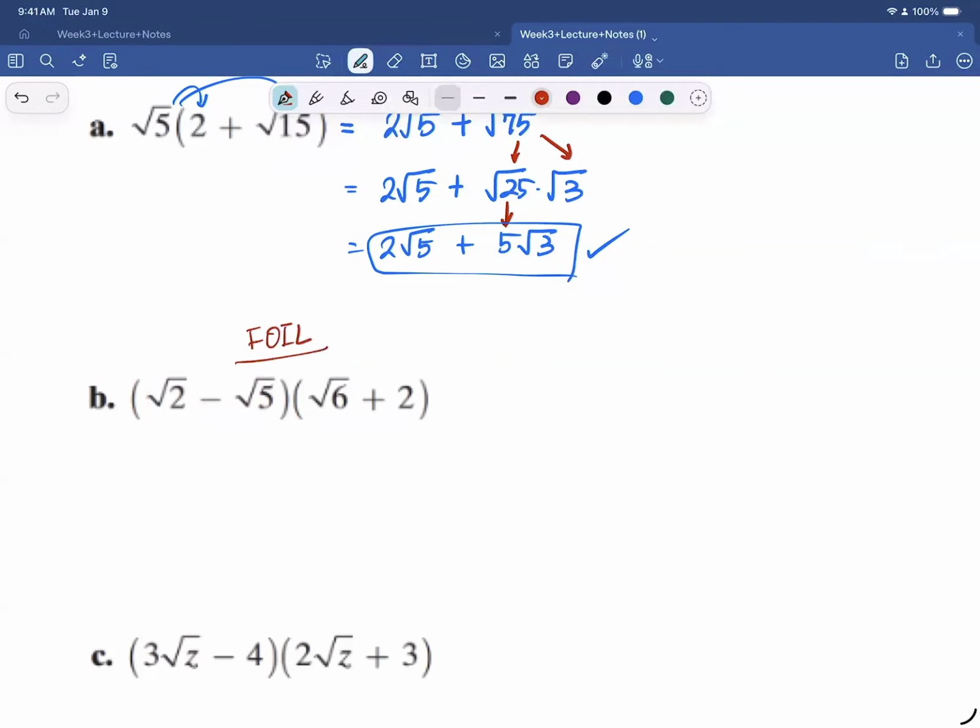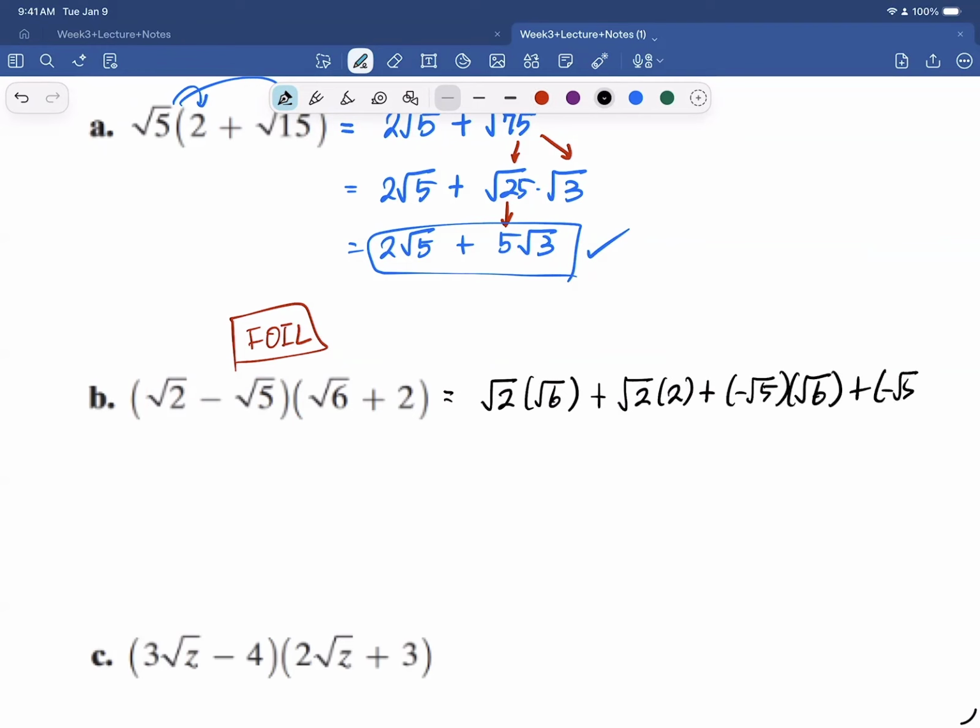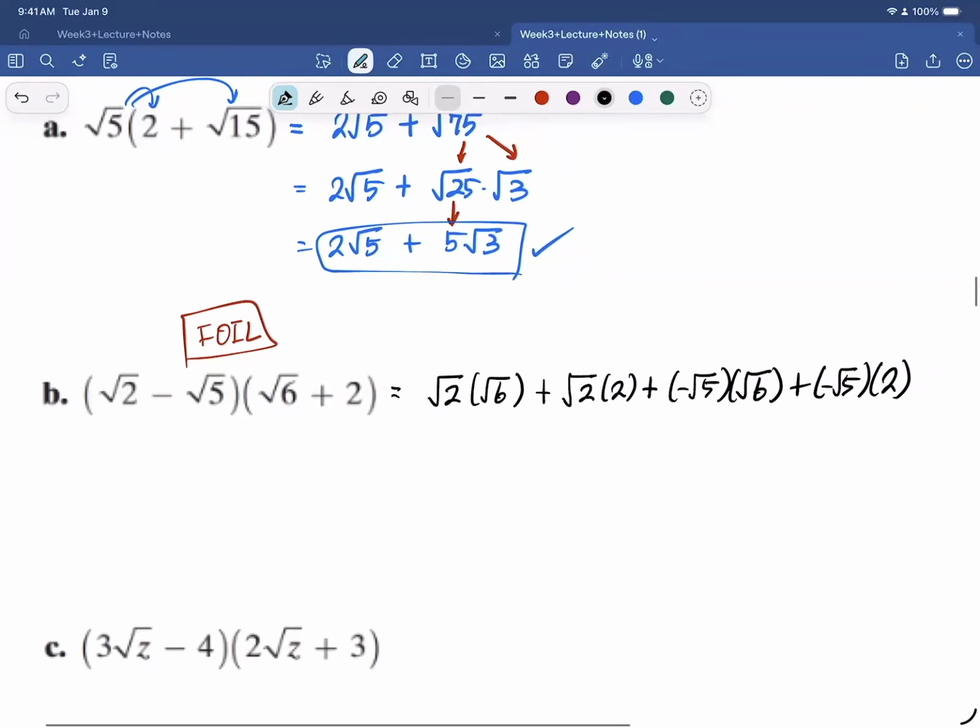So first, outer, inner, and last. Okay? This is the first, outer, inner, last. FOIL.